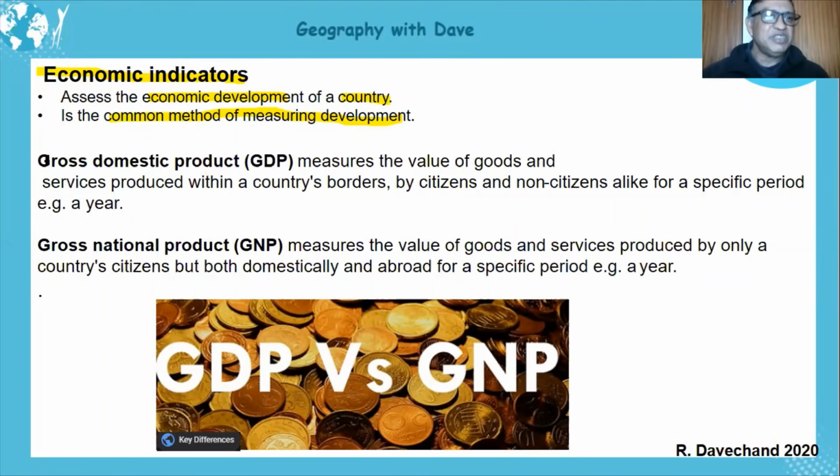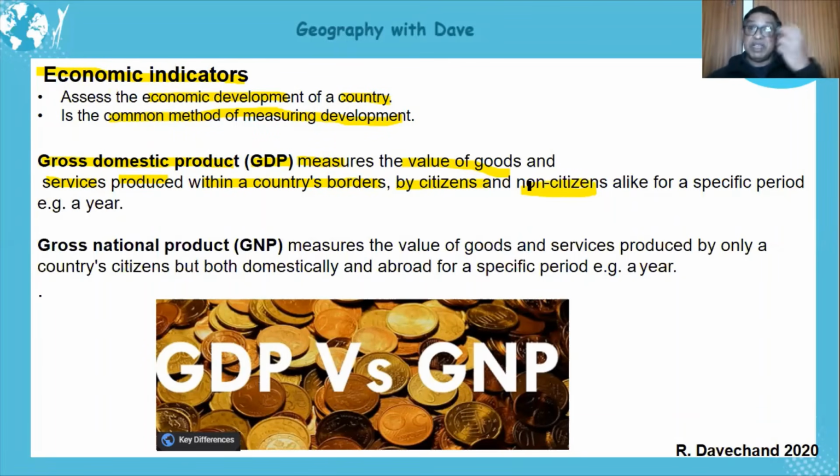So the first one we look at is the gross domestic product, also known as the GDP. I told you we're going to cover this in more detail now. This measures the value of goods and services produced within a country's borders. So if it's South Africa, it's within South Africa, not outside. It's by citizens and non-citizens.